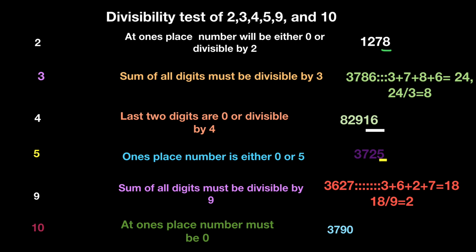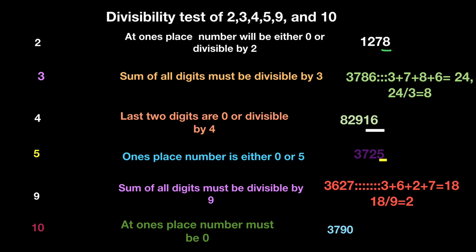In case of 3, take the sum of all digits. If that sum is divisible by 3, the whole number is also divisible by 3. For example, 3786. The sum of the individual digits is 3 plus 7 plus 8 plus 6, which is equal to 24, and that 24 is divisible by 3, so the whole number is also divisible by 3.